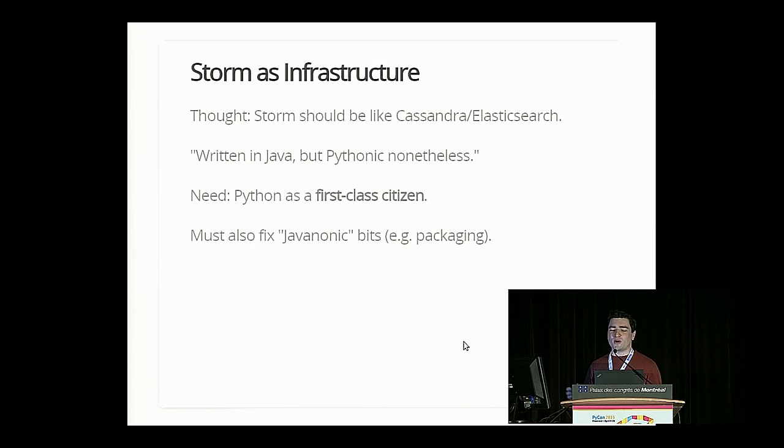But in general, what we did with streamparse is we really turned Storm into infrastructure. The way I look at this is that a lot of people in this room probably use technologies like Cassandra and Elasticsearch with Python, and they do that comfortably, even though those technologies are written in Java. But probably most people don't use Storm because it feels too much like a Java tool. And what we're trying to do with streamparse is make Python a first-class citizen in that community.